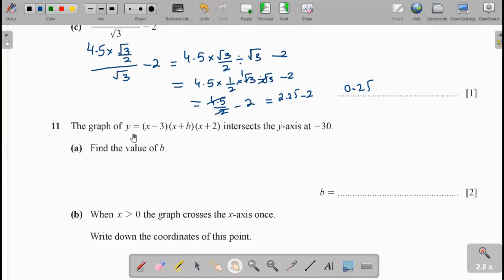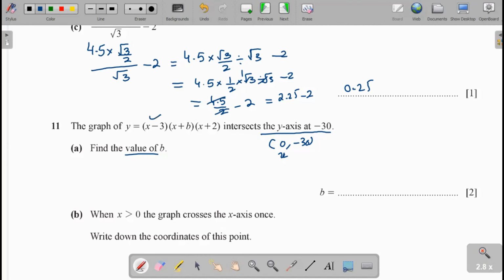Question 11. The graph of y equal to x minus 3 into x plus b into x plus 2 intersects the y-axis at minus 30. Find the value of b. When the graph intersects the y-axis, the coordinate will be 0, minus 30. That's the x coordinate will be 0 and the y coordinate will be minus 30, therefore we substitute the value in this graph.